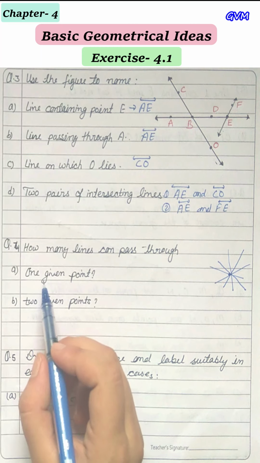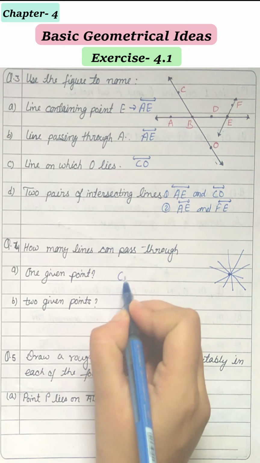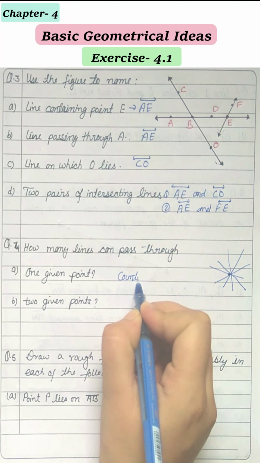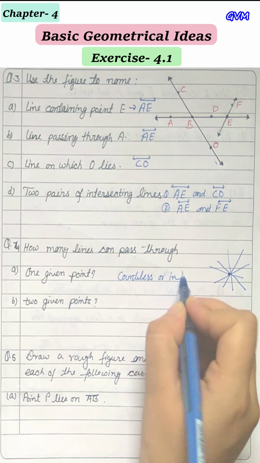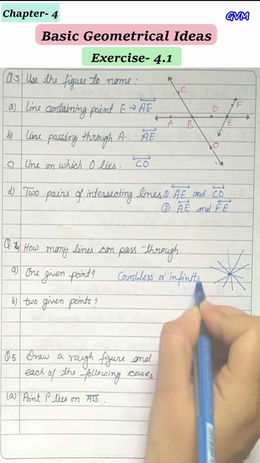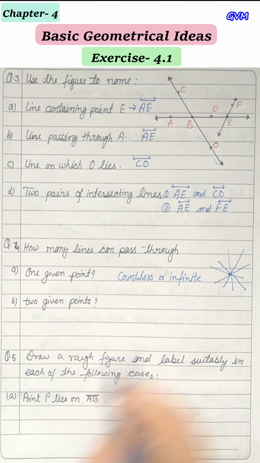So if there is only one point, a countless number of lines can pass through it. Okay, so we can say countless or infinite lines.